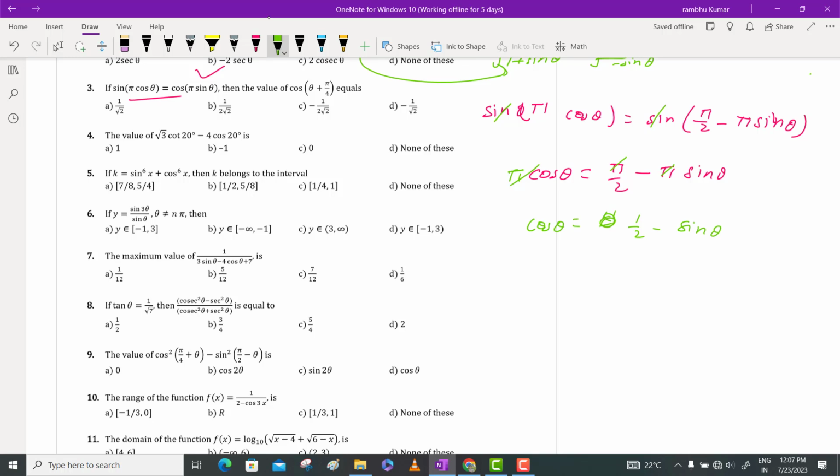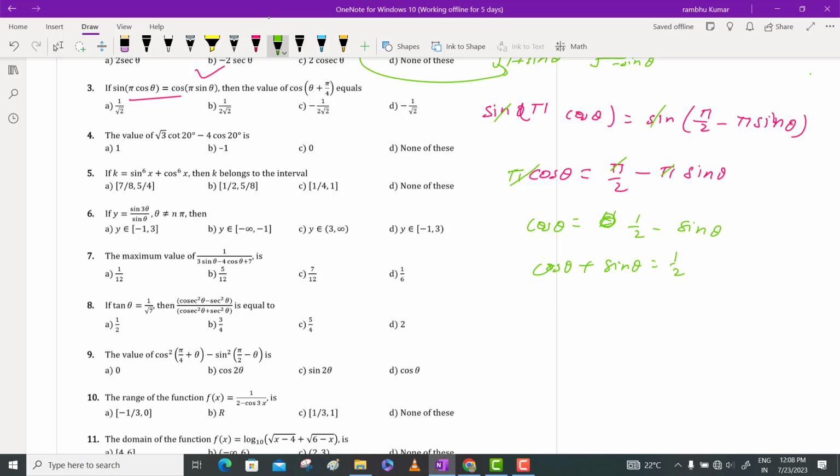Correct now? Now this sin theta we can write like this: cos theta plus sin theta equal to 1 by 2. Clear? Now if this is 1 by 2, let's do one thing. Multiply 1 by root 2 to all the sides.